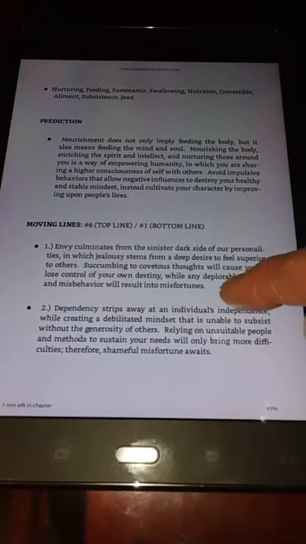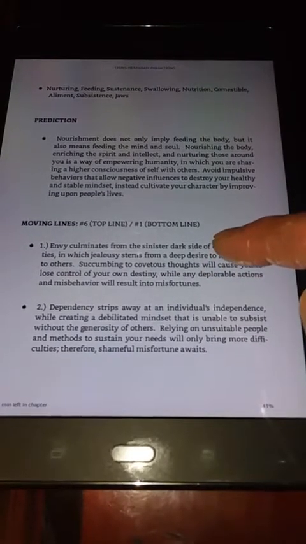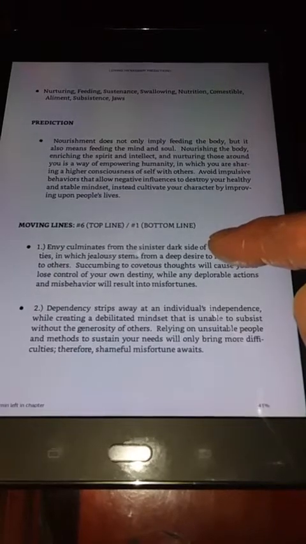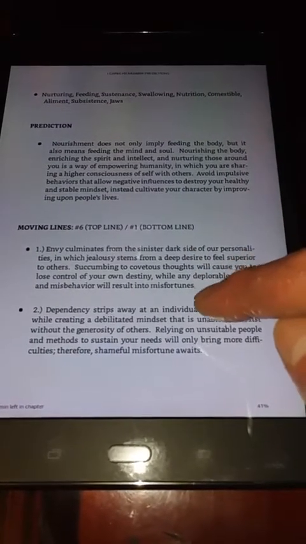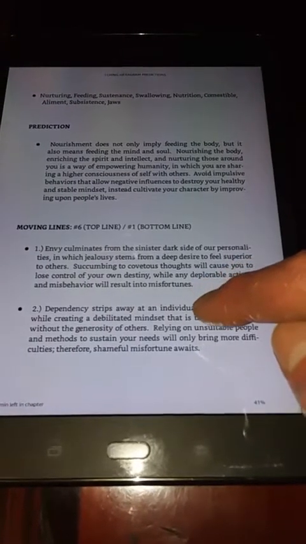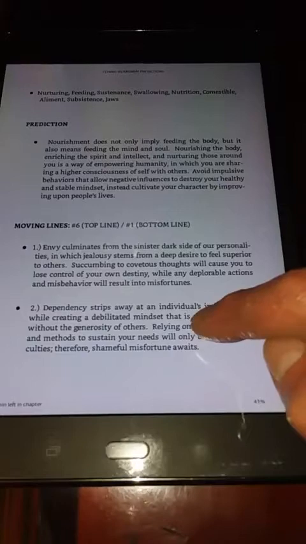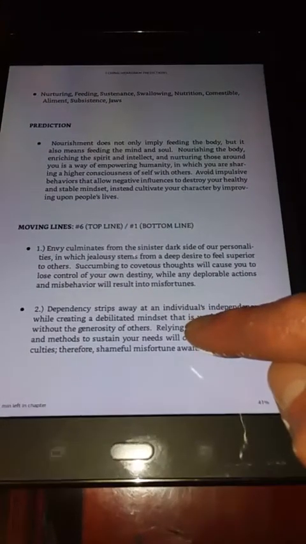Anyways, it's kind of weird how it's set up. But what we're going to do is go 1 being the bottom line and 6 being the top line, okay? So we'll go right here.